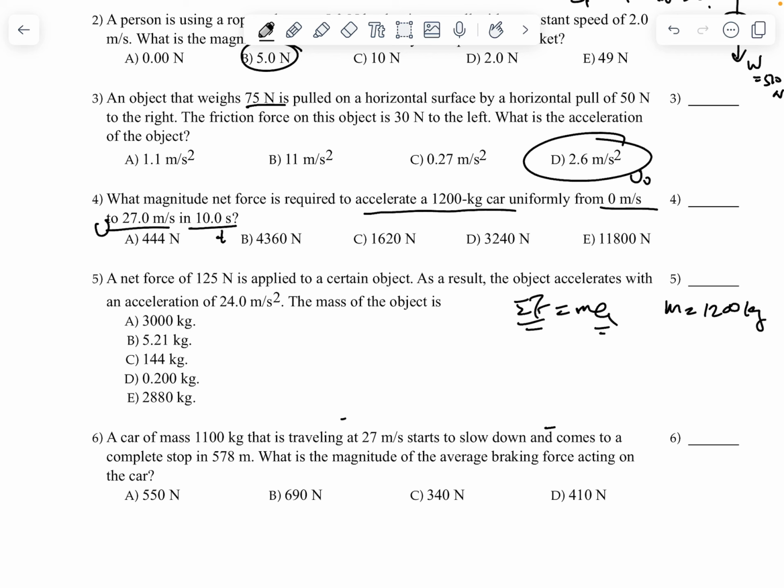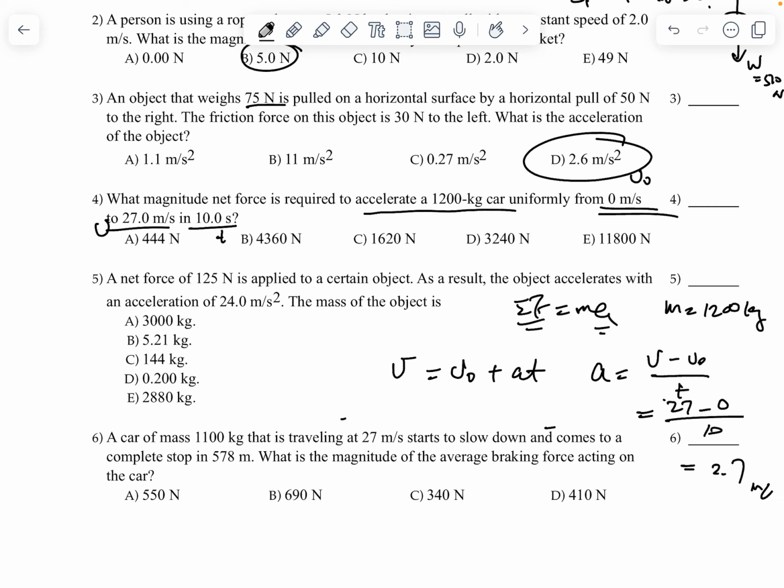We get a from the kinematic equations. We know v equals v naught plus at, so a equals v minus v naught divided by t. So v is 27 minus 0, divided by t, 10. So this is 2.7 meters per second squared.